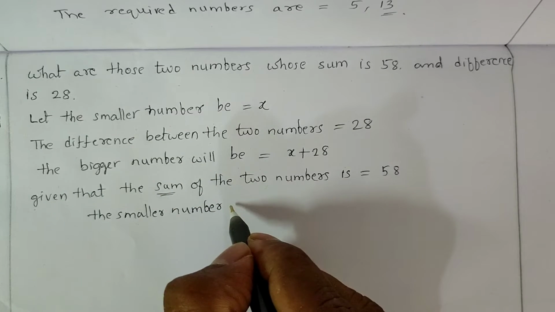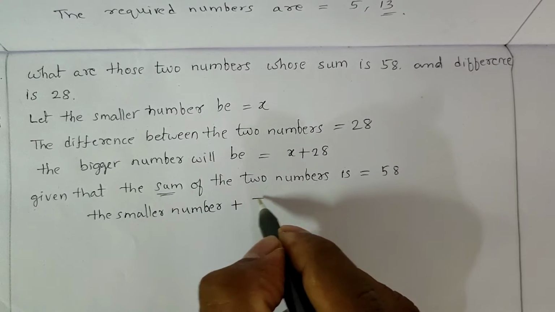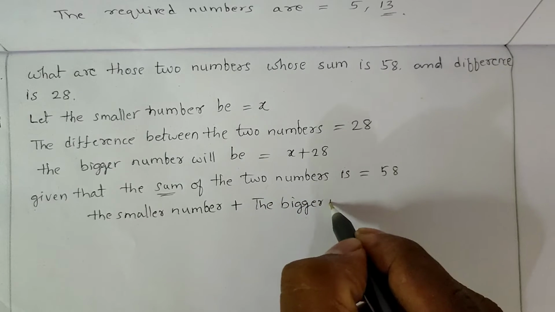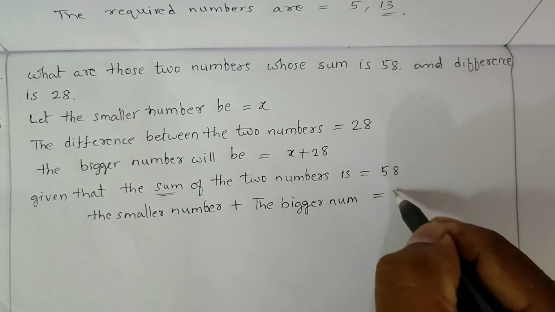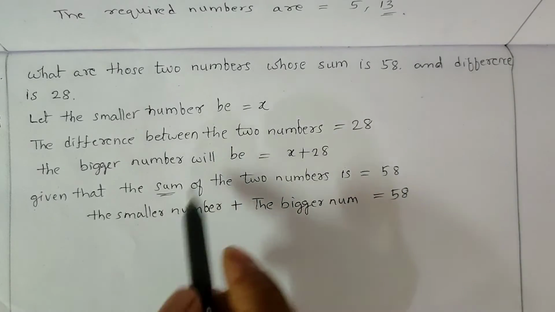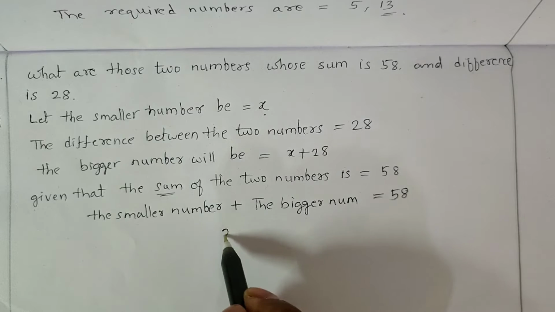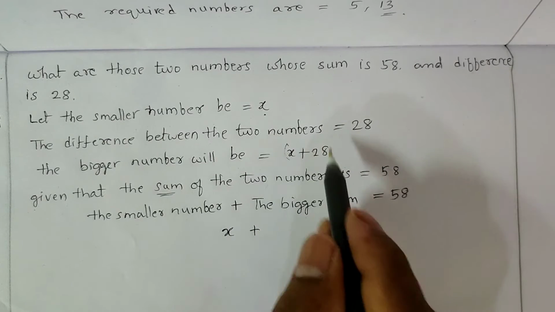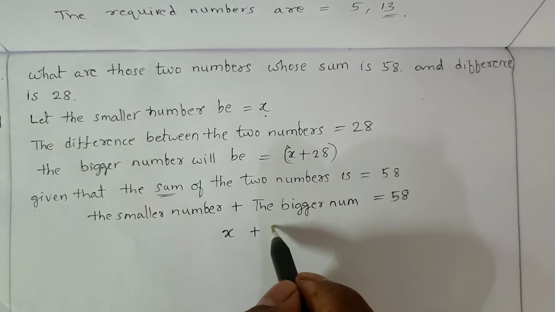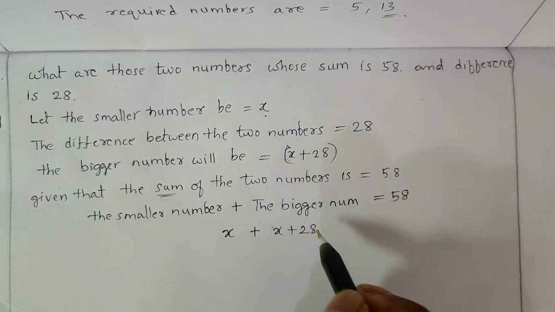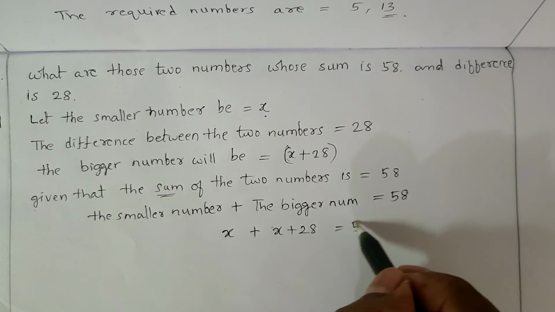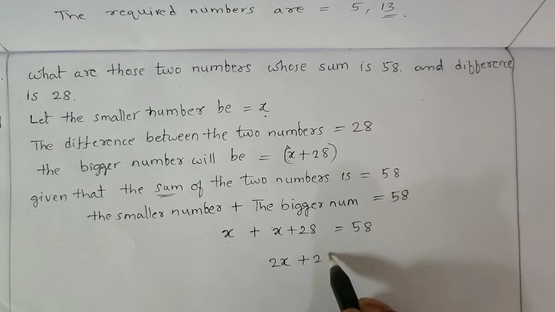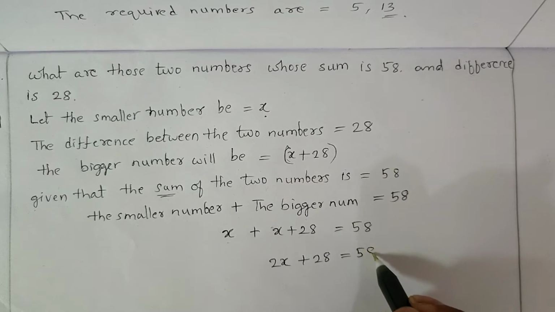Because it is a sum, you have to write plus. The smaller number is x, and the bigger number is x plus 28. So write x plus x plus 28, that equals 58. So x plus x will become 2x plus 28 equals 58.